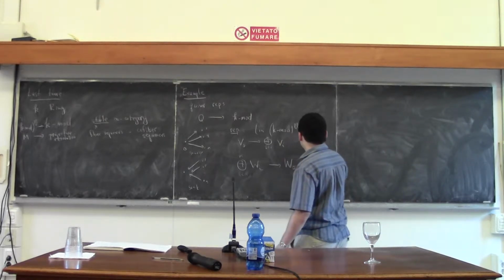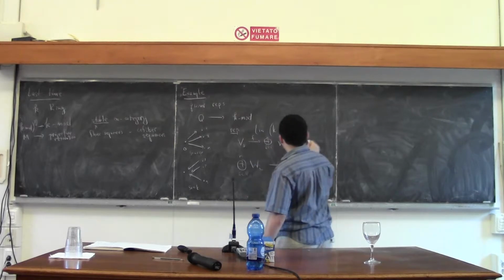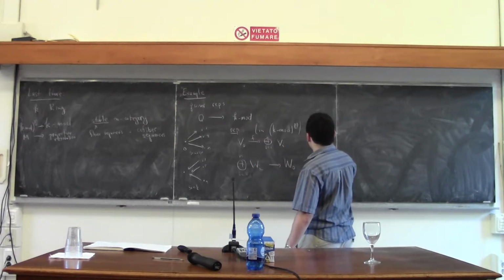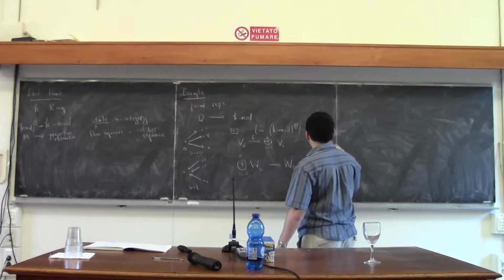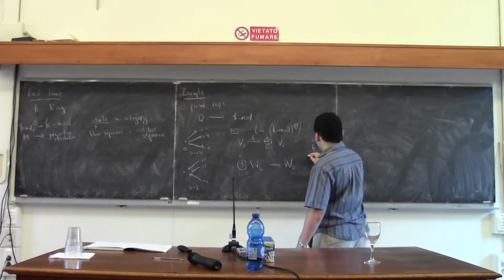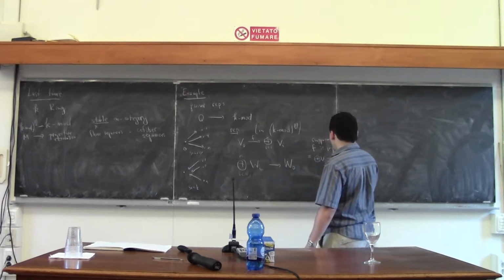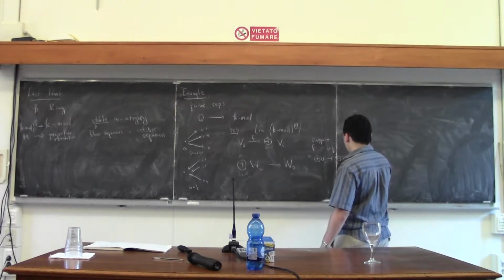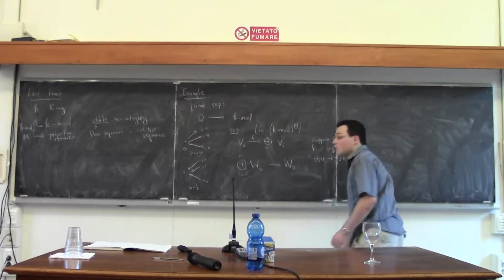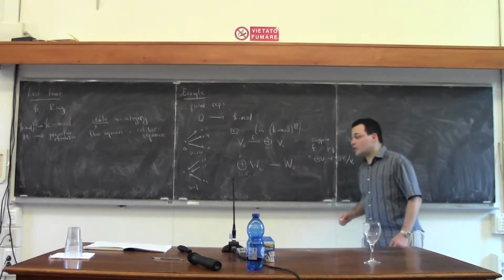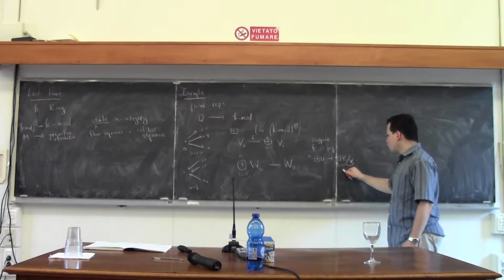In particular, suppose F is injective. Then we can consider the map to the quotient, and this produces an element like this. We can just call this W0.